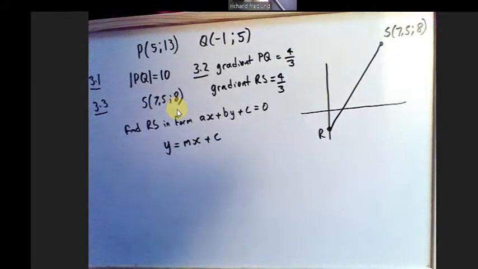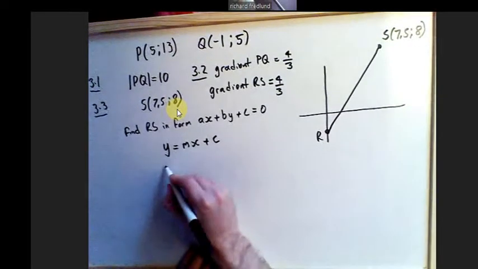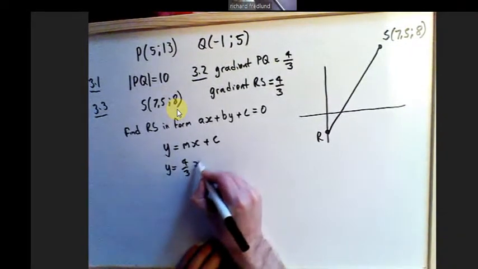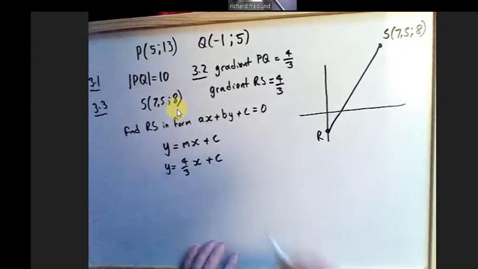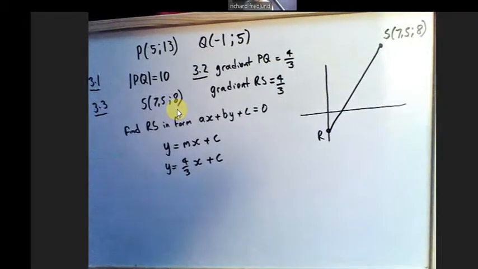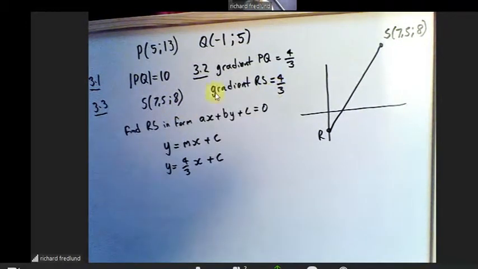And we know m is the gradient, so this is y equals 4/3x plus c. Okay, but we still don't know what c is, but we can use the other piece of information. We've used this piece of information, now we're going to use this piece of information. So what's this information say? It says that when x is 7.5, y is 8.